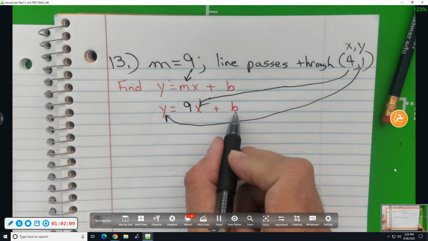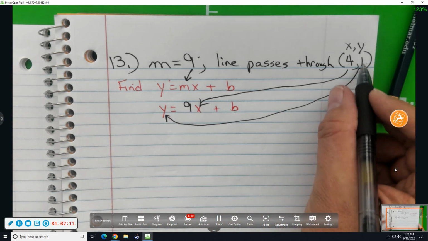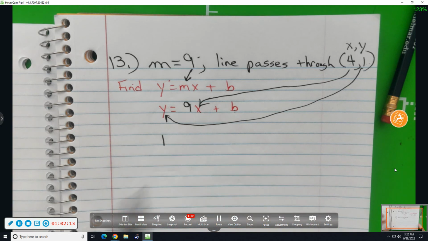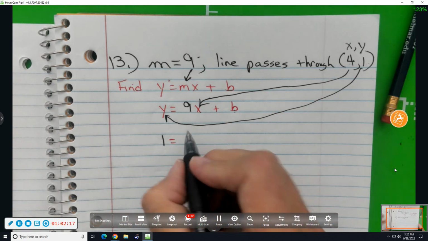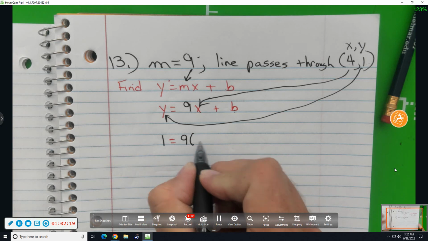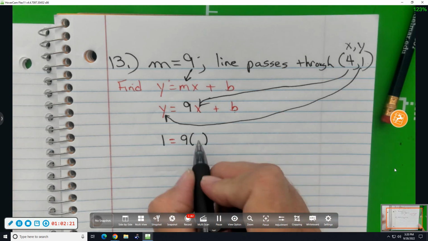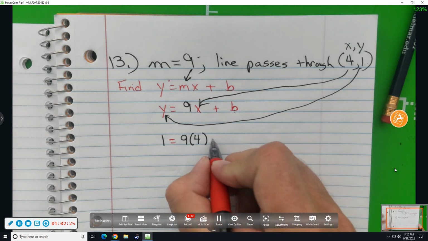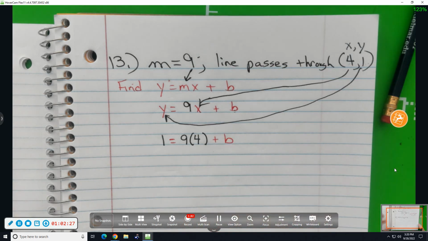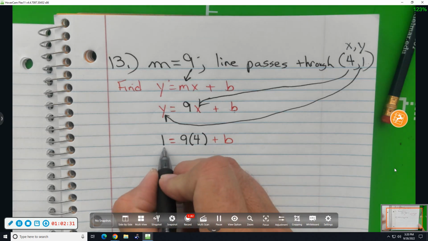And that should help us find b. So 1 equals 9 times x. I'm going to write parentheses 4, so 9 times 4, plus b. The 9 times 4 is 36.